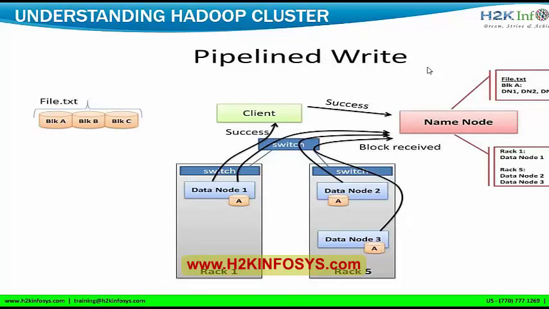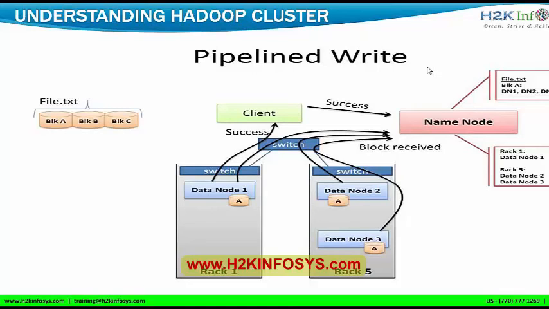So it will say to client, okay, I got everything fine and it's a success message. The same will be repeated from other data nodes also. Data node 2 will come and say to client, okay, I had written my block and I'm fine. Data node 1 will come and say to client, okay, I had written my particular block on my data node, I'm fine. Everything is okay.